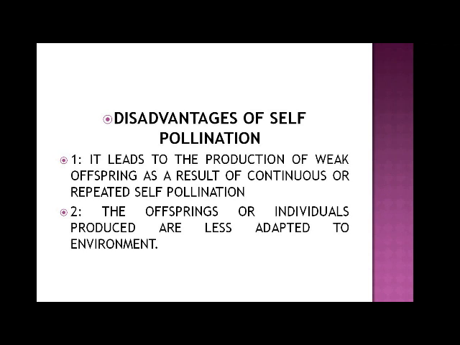They have become used to the environment, such that because they are weak, it's going to be difficult to survive there because of the weakness as a result of genetic deformation, as a result of repeated self-pollination.